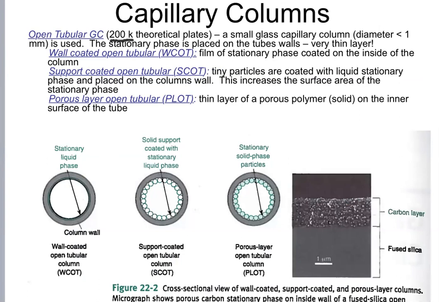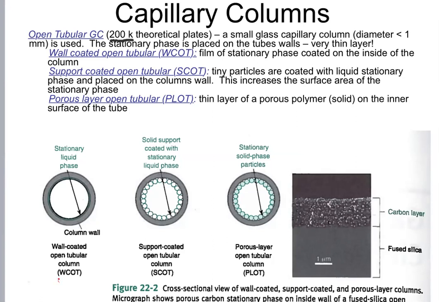Because these capillary columns are small glass capillary tubes, way under 1 millimeter internal diameter, and they're open tubes. So we actually coat the stationary phase on the inside of the tube, and really only the inside of the tube. That's where we're going to coat that stationary phase, okay? And there's a couple different ways to do that.